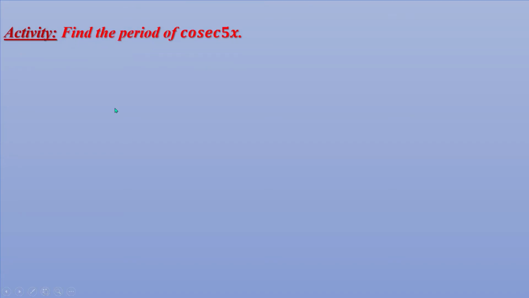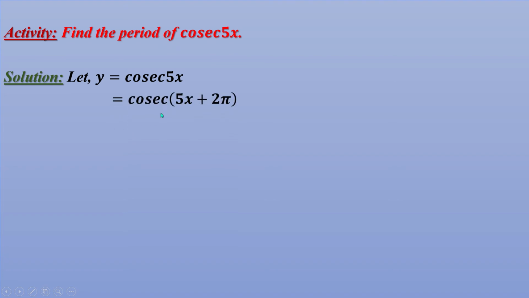Problem activity: find the period of cosec 5x. The process: you have to let y is equal to cosec 5x, which equals cosec of 5x plus 2 pi, because cosec 5x and cosec of 5x plus 2 pi are the same. As the period of cosec x equals 2 pi, we have to add 2 pi. Now take 5 common, here it will be x plus 2 pi by 5.